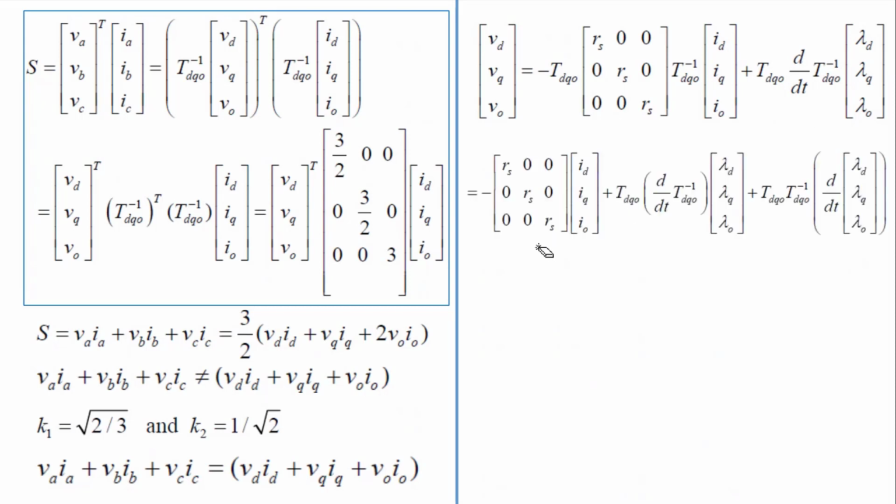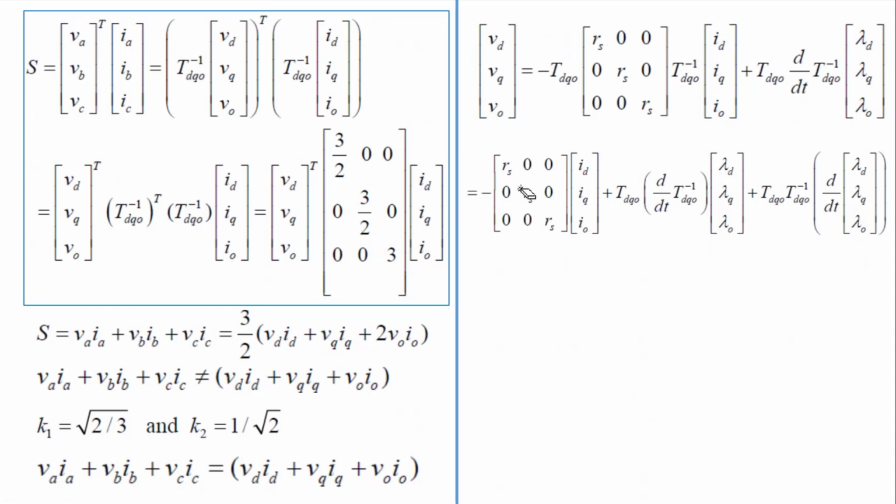Now if I take RS common, it is an identity matrix, so TDQO times TDQO inverse will also become an identity matrix.